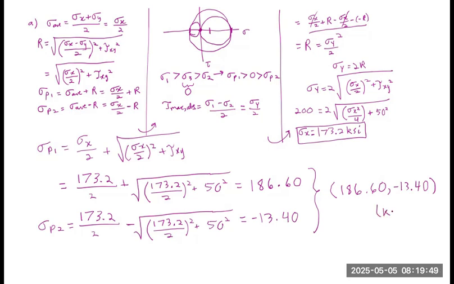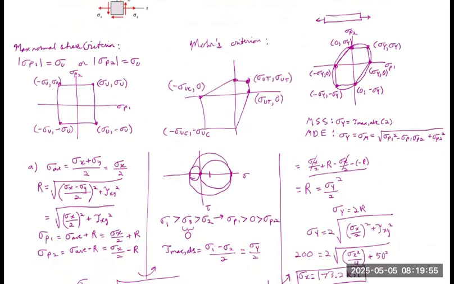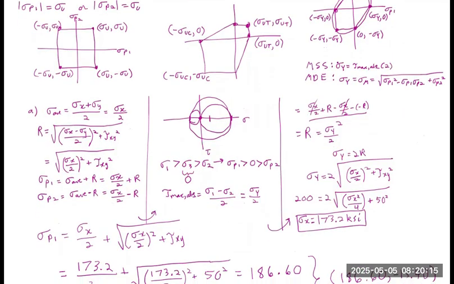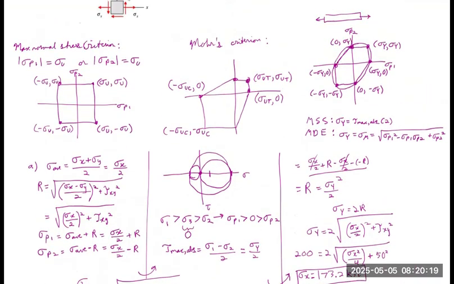Since we know that our yield strength is 200, these values are going to be 200 in magnitude. So we know that principal stress 1 lies a little bit to the left of the 200, since principal stress 1 is 186, which is slightly less than 200.